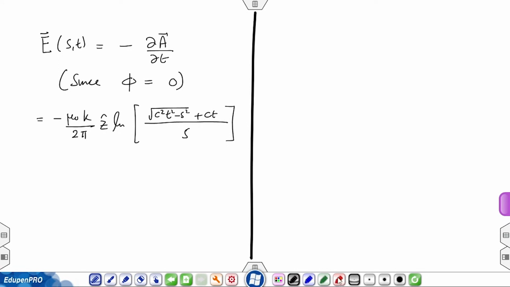And you can also calculate B very easily. B is going to be curl of A, and that part I am leaving for you to do.